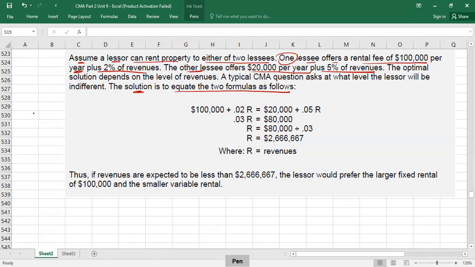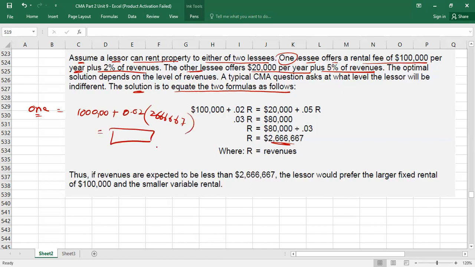For example, option 1: you have a fixed rent of 100,000 plus 0.02 of revenue. Revenue is how much? Put this revenue, 2,666,667, and solve it.